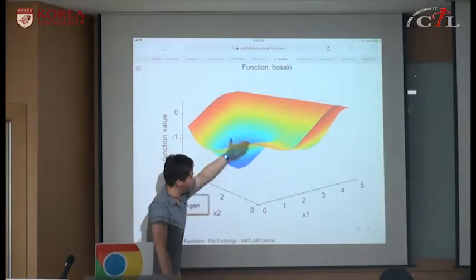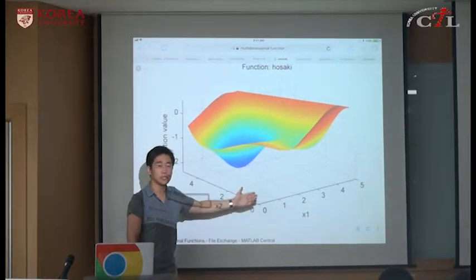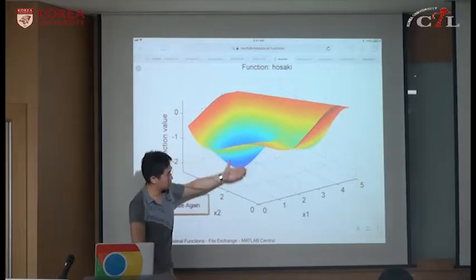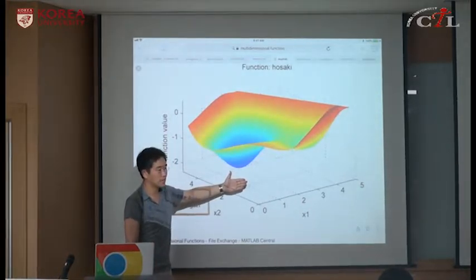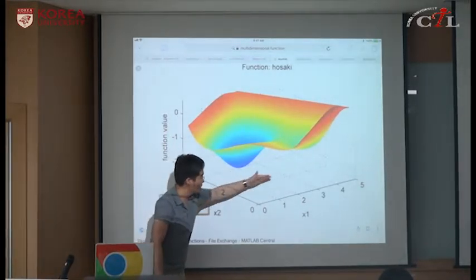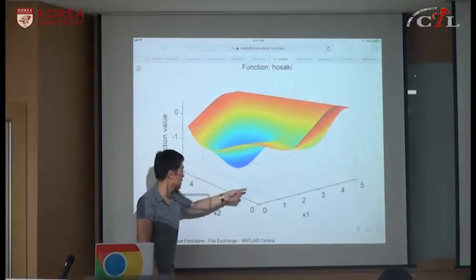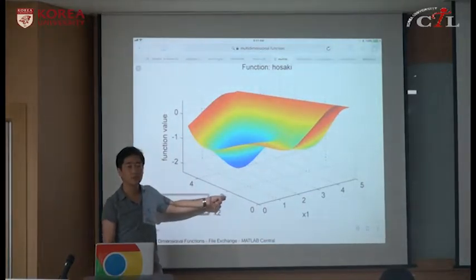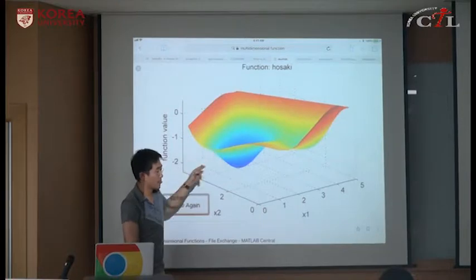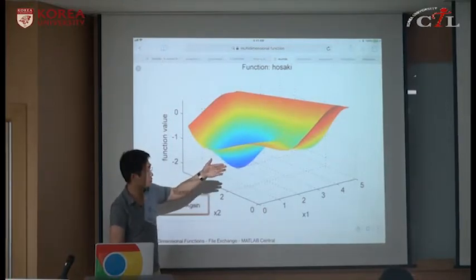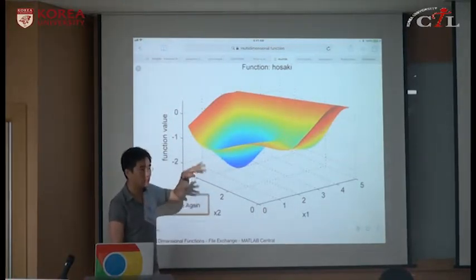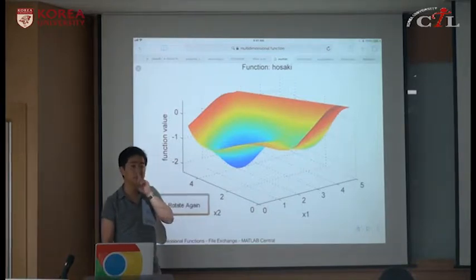And then it's like chopping this mountain vertically along maybe this kind of knife that is along this line where x2 is fixed as 2. And then if we view that kind of curve from the side, we will obtain some one-dimensional function.